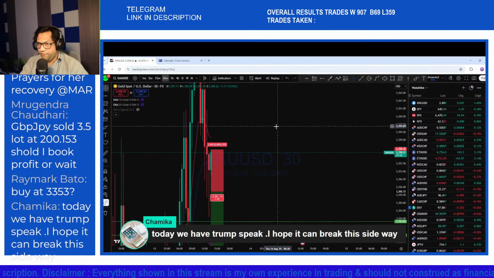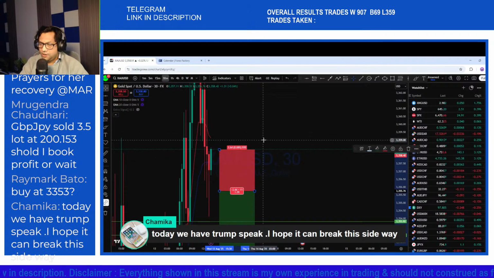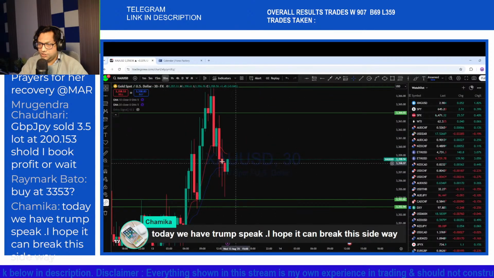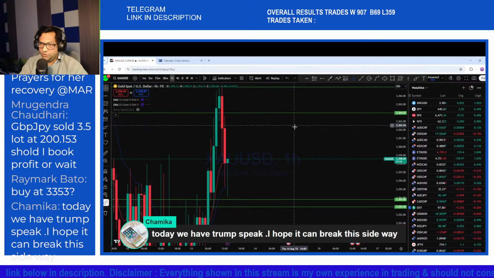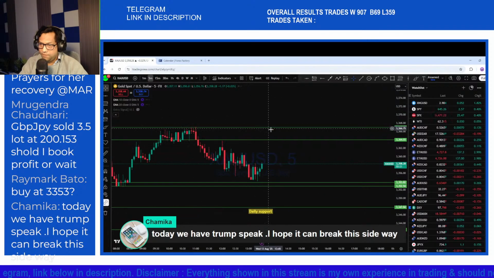I think we might now see a possible bounce back to the upside. We see there is a rejection from this level, from the 1-hour, from this support, again moving back to the upside.